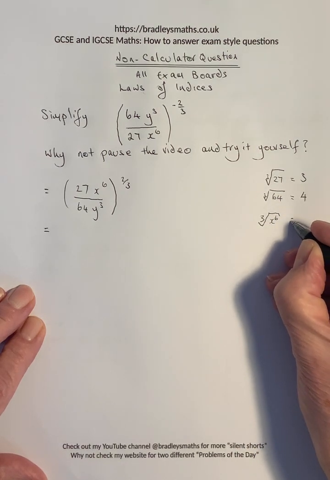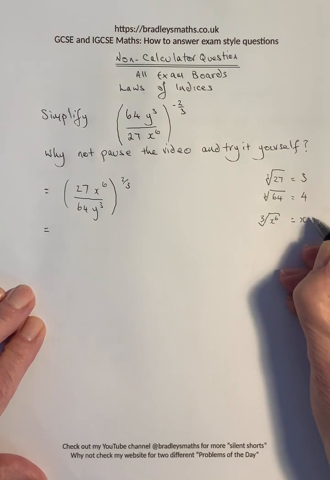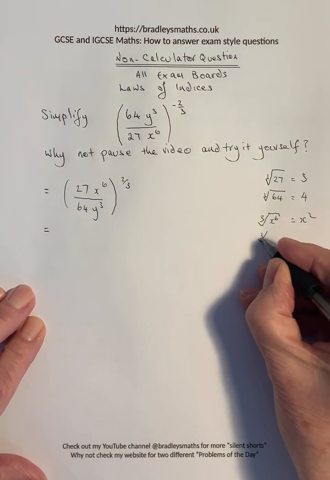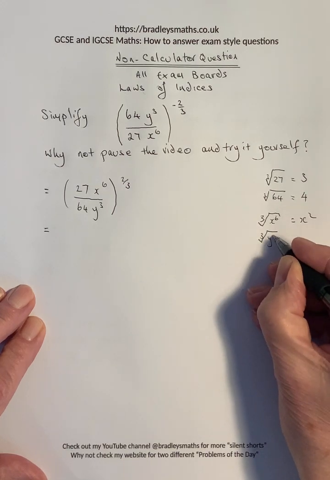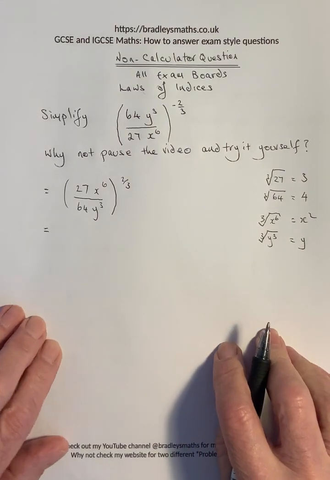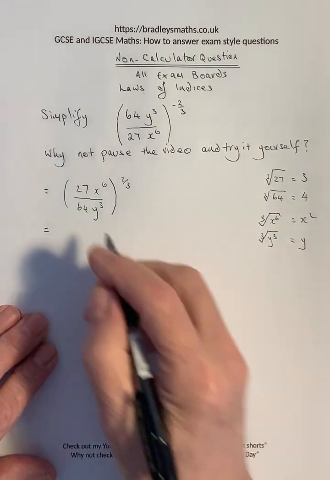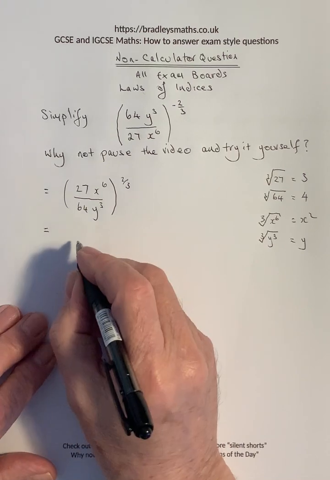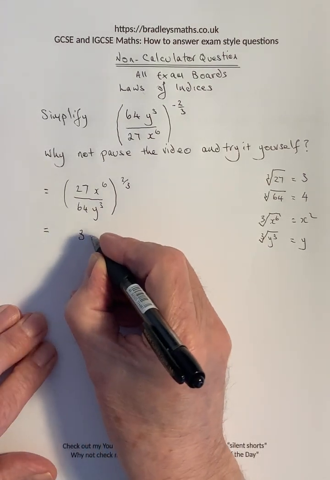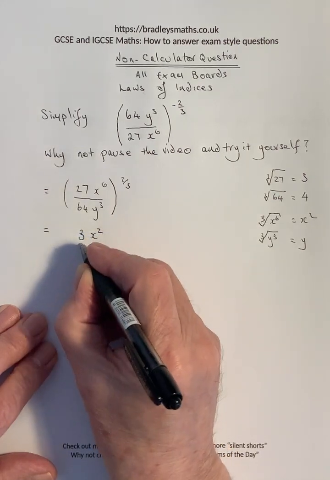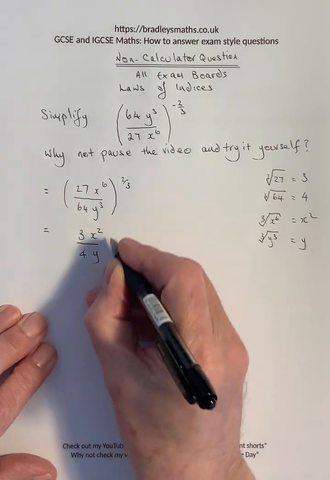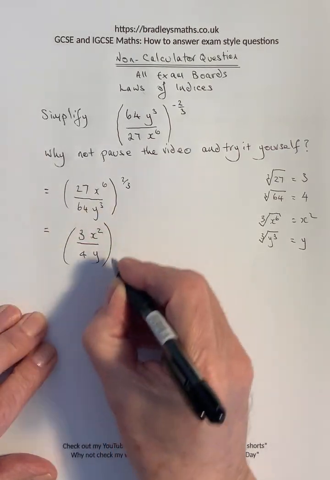Okay, and 6 times 1/3 is 2, so this is x squared, and the cube root of y cubed is just y. Once we have all that, this becomes easy because now we have 3x squared over 4y, all squared.